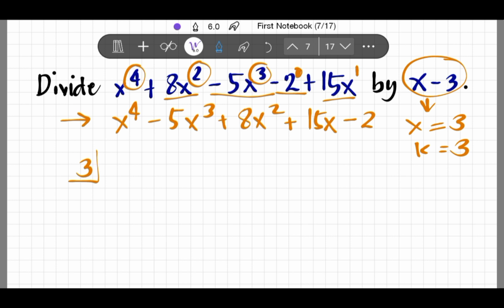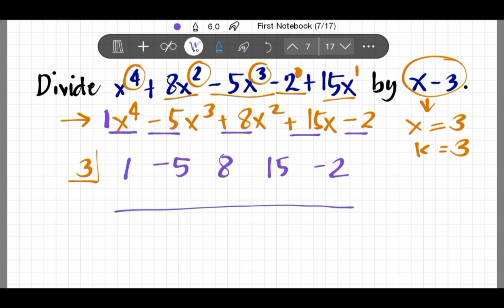As you can see, we have only here x raised to 4. So it is understood that there is a 1 beside x raised to 4. So we write here 1, next negative 5, next positive 8, positive 15, and negative 2.